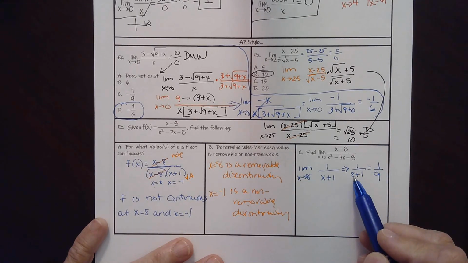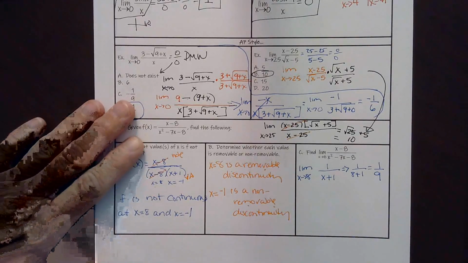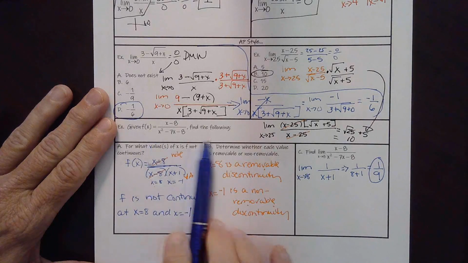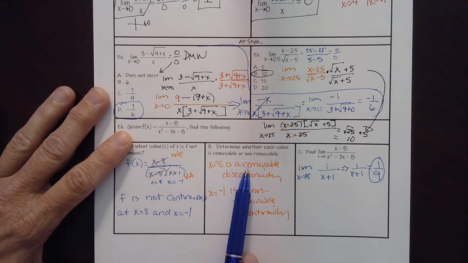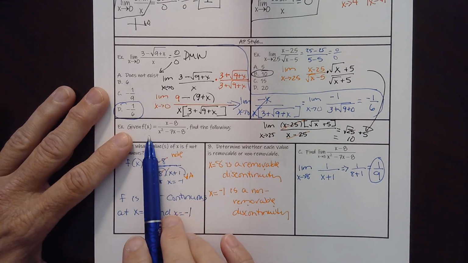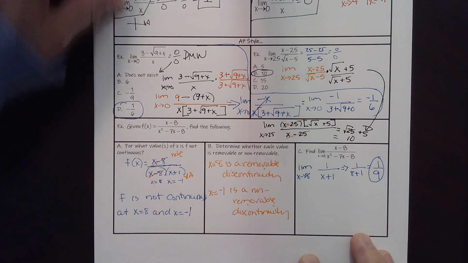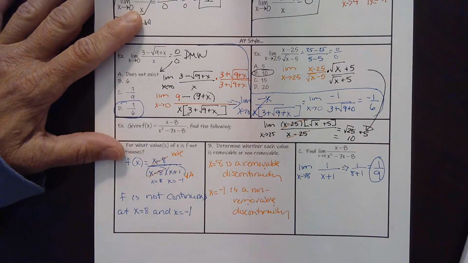I substitute my 8, and then I get my 1/9. So there's my limit, and this is how a limit problem with continuity could look as an FRQ. All right, so that kind of sums up part 3 of this lesson 4.